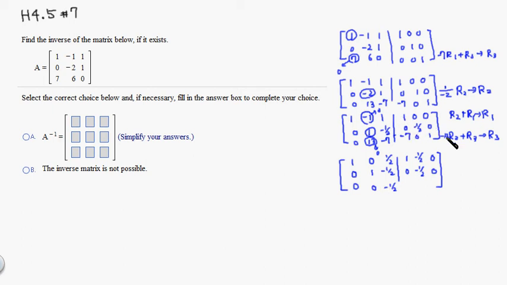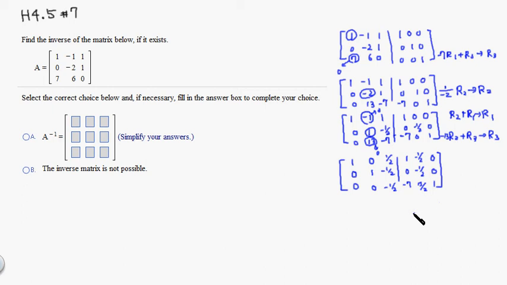Then 0 times -13 plus -7 is still -7. All right, -1/2 times -13 is positive 13 over 2, added to 0 is 13 over 2, right? And 0 times -13 is 0, added to 1 is 1.